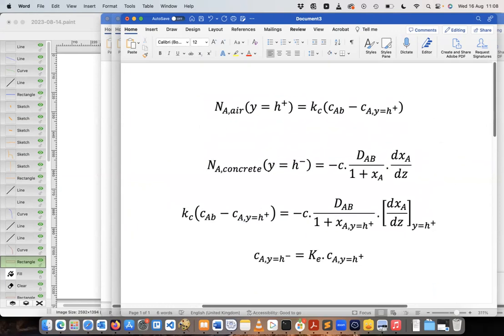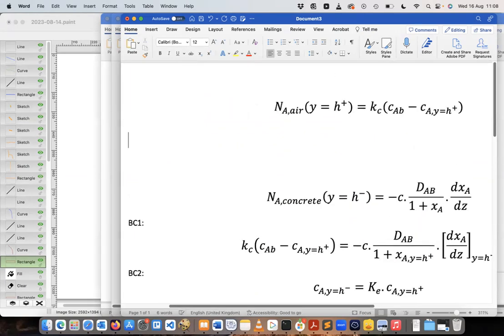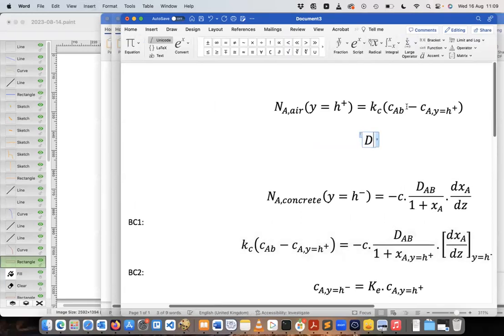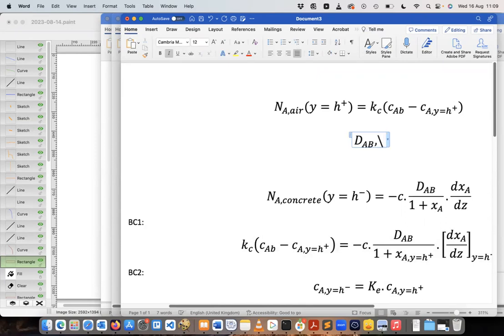The problem has given us a diffusivity, so we have a DAB, and we also have the film thickness, so we do have the lowercase delta. But when we introduced film theory, we proved that Kc equals DAB over delta. So that's all we need to do.